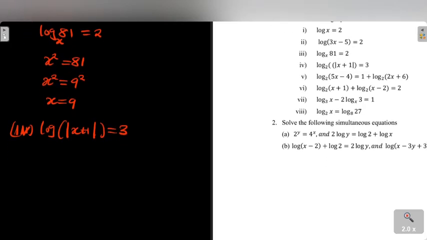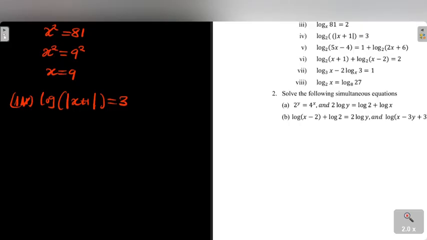So how do we solve for the value of x of this function that we have? For us to solve for the value of x, we'll change this one to an exponential function, because the base there is a 2. So we're going to say 2 to the power 3 is equal to open brackets x plus 1.